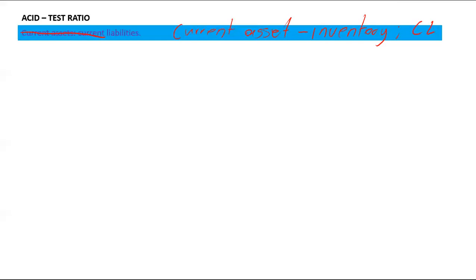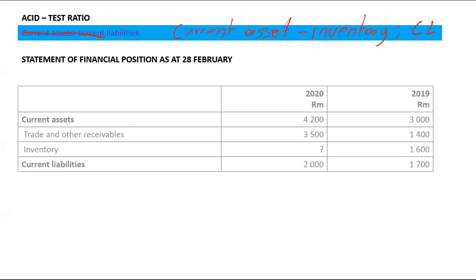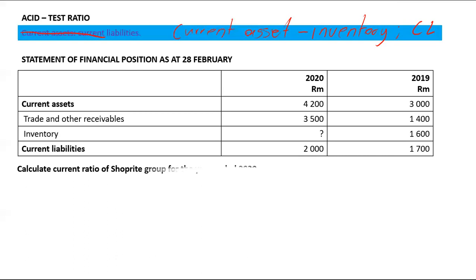So your asset test ratio simply determines whether the company will be able to settle its short-term debts without trading stock. If the company is highly reliant on trading stock, then it will not be able to settle its short-term debt.